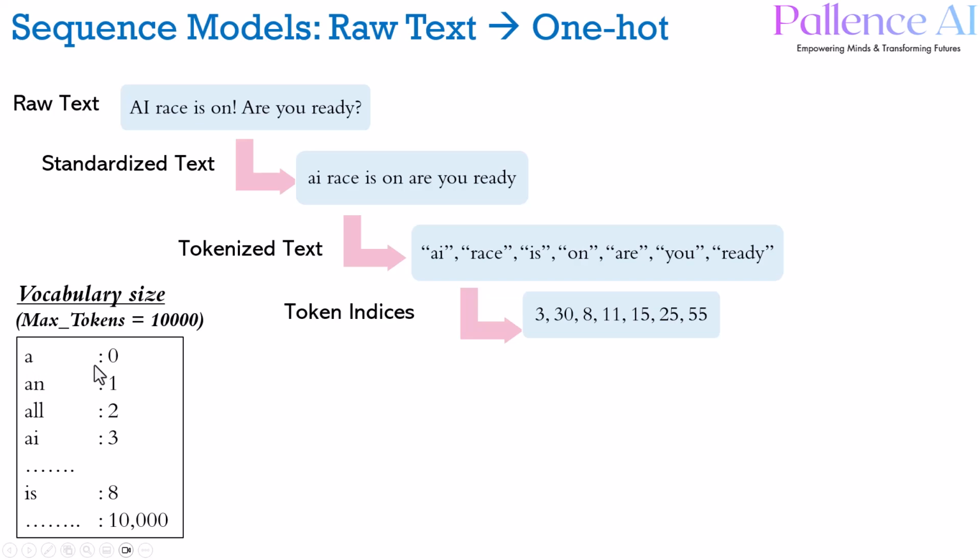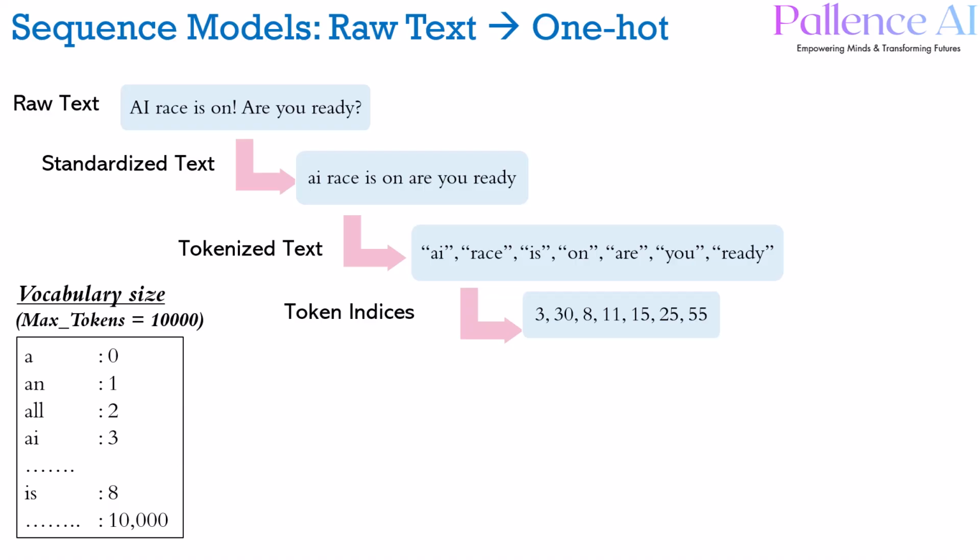Maybe A is 0, AN is 1, ALL is 2, AI is 3. Again, this is just a hypothetical indexing I'm showing you, but think of this as our vocabulary. Now you may ask, if we have 50,000 unique words and we are capping at 10,000, what about all those other words beyond 10,000? We use something called out of vocabulary indexing for that, but don't worry about that at this stage.